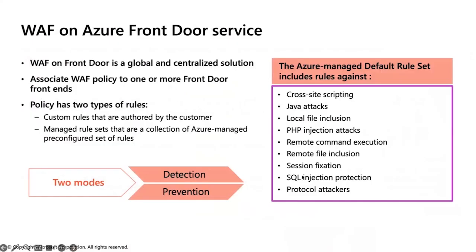So here in this rule set, we can see different kinds of protection, like cross-site scripting, Java attacks, local file inclusion, PHP injection attacks, remote command execution, remote file inclusion, session fixation, SQL injection protection, protocol attackers, session hijack.